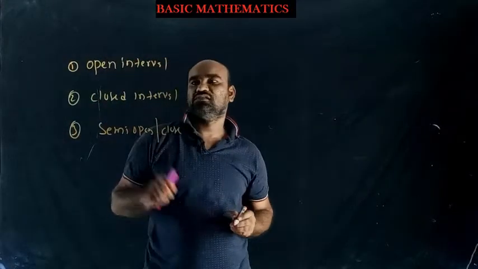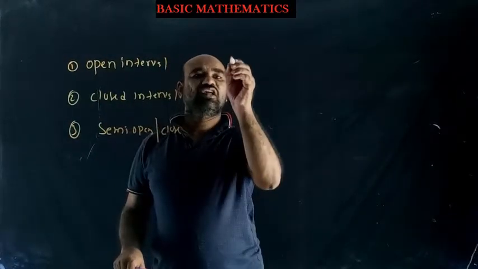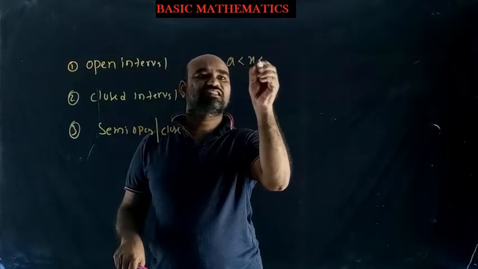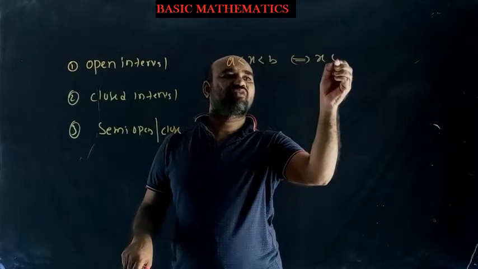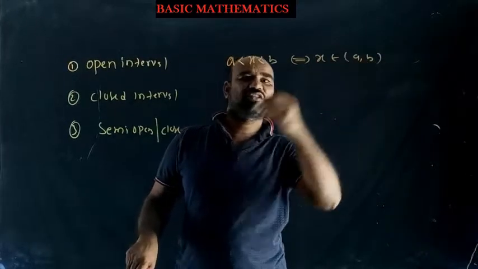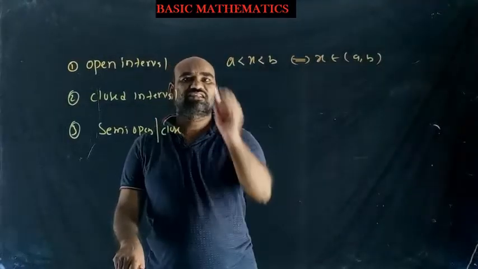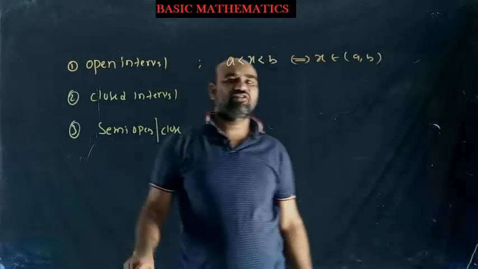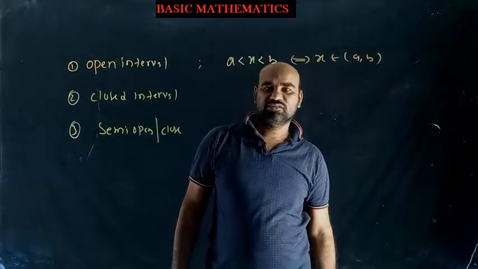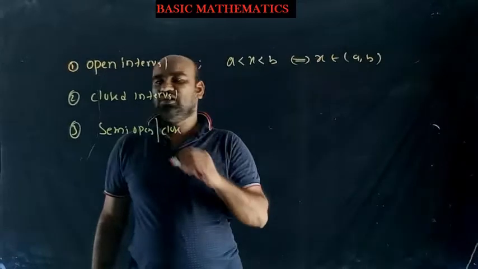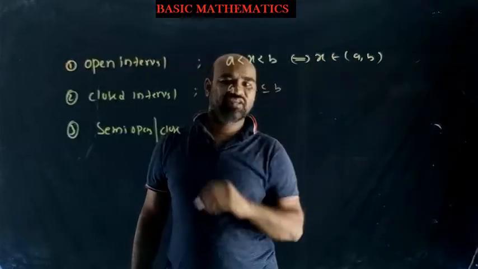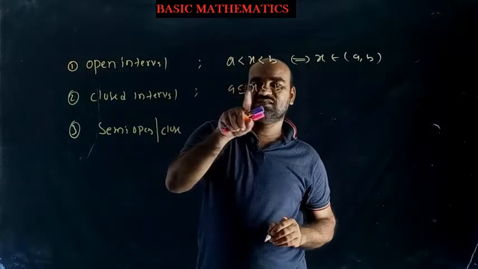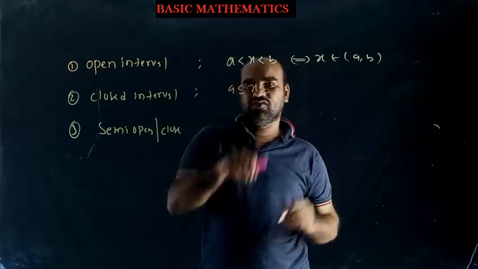Open interval: a less than x less than b, or you can write x belongs to open interval (a, b). Both are the same. It means x is a real number that lies between a and b, not equal to a, not equal to b. Closed interval: a less than or equal to x less than or equal to b, meaning x is a real number between a and b including a and including b.